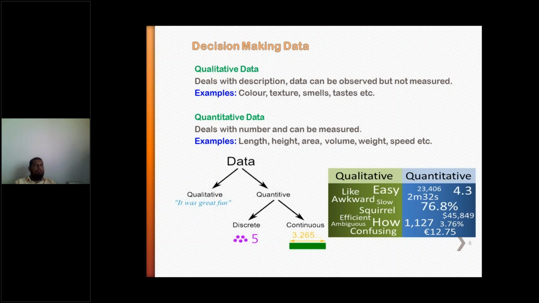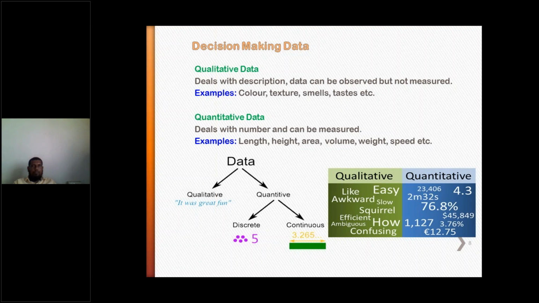Now this figure represents qualitative and quantitative data. Qualitative: it was great fun, but the extent of fun you cannot quantify, you cannot measure. On the other hand, quantitative data can be measured. Quantitative data are of two types, discrete and continuous.